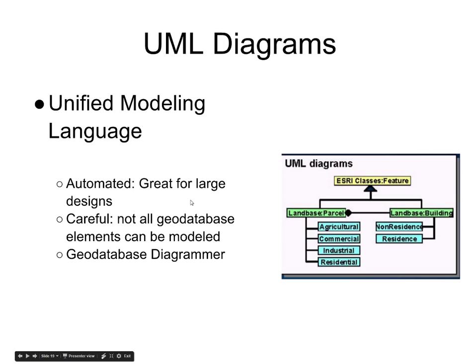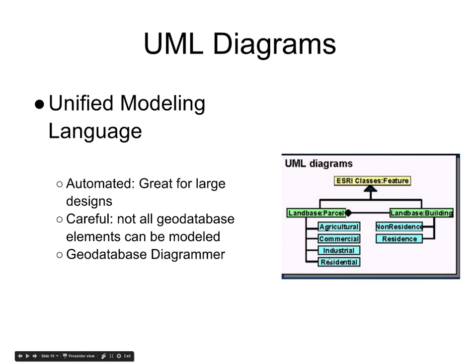You can also use unified modeling languages like Visio. These are good for large designs. Some geodatabase elements may not be supported. These are used for database design in all kinds of industries outside of the GIS world.